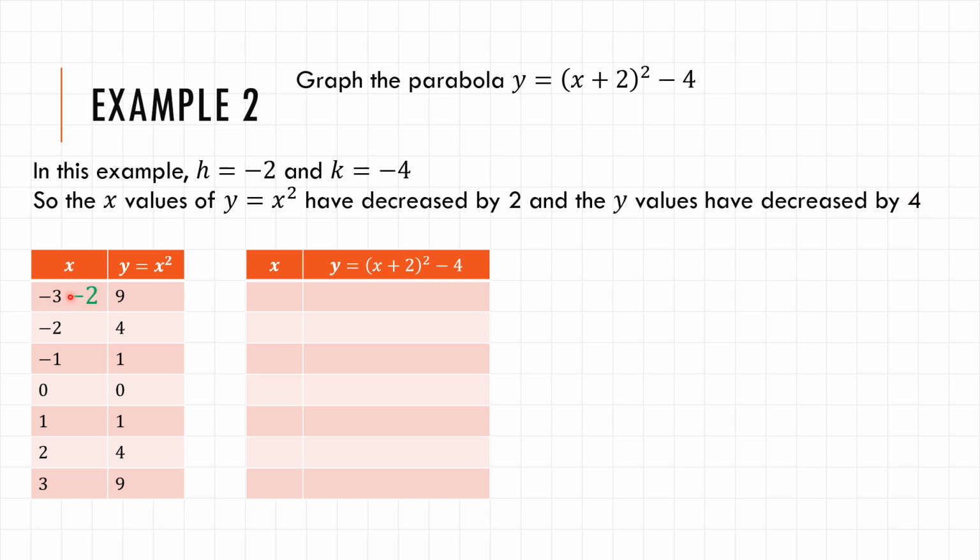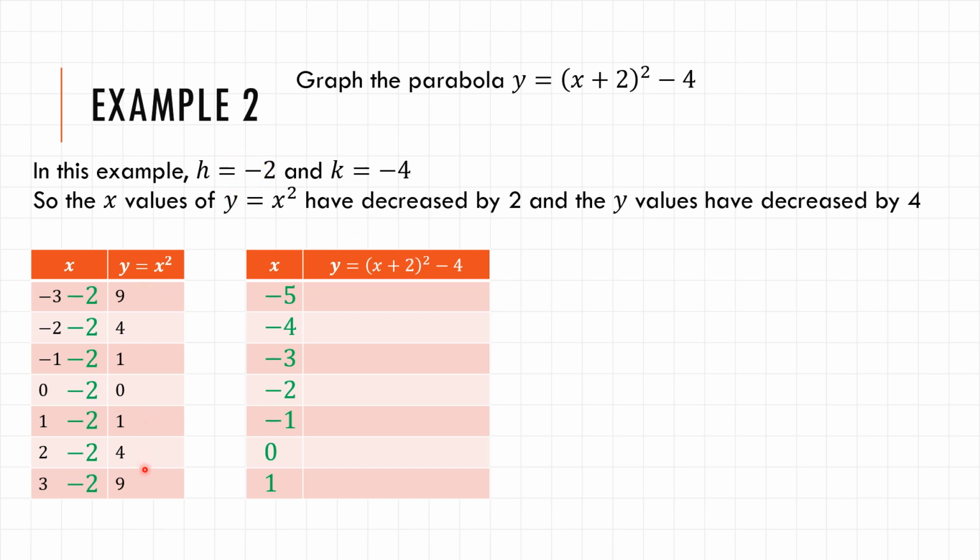In other words, I could just take all of these x values and subtract 2 to find the new x value. That's -5. -2 minus 2 is -4. And I can do that for all of these x values right here. I can find out what the new x coordinates are, because all of them have gone down by 2. That's what happens when you move something 2 units to the left.